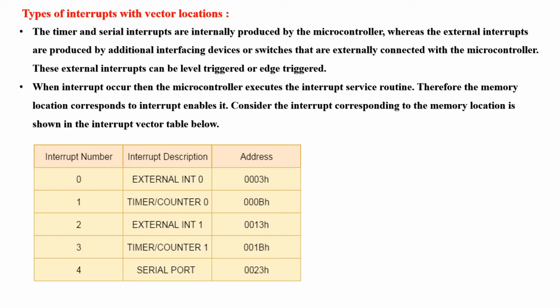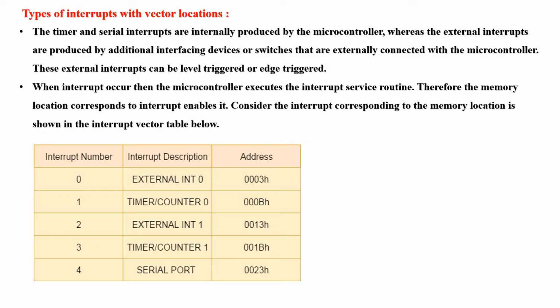Consider the interrupt corresponding to the memory location as shown in the interrupt vector table given below. This table shows the vector locations assigned to each particular interrupt. The interrupt number is also referred to as the priority for a particular interrupt.